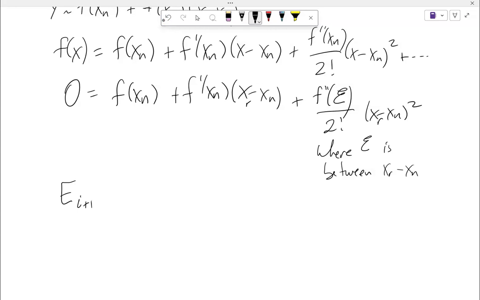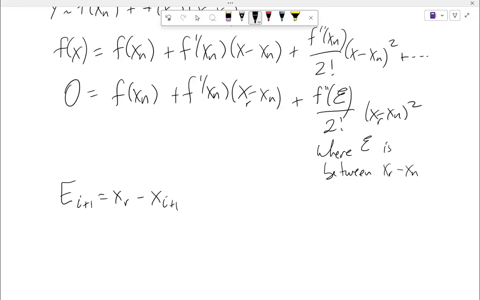The ith error, when you're trying to use the approximation, is literally just this difference, x of r minus x of i plus 1. Doesn't matter what the i is. I can compute the error just by subtracting, right? That's how far apart they are. We agree with that? Okay.